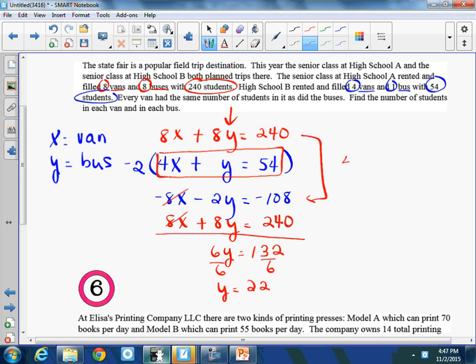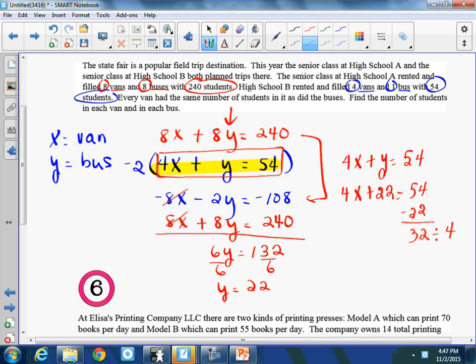So let's go ahead and do that one. 4x plus y equals 54. I'm using this one, babies. Before I change it, not after. Okay, so let's plug in the y, which is 22. So you're going to say 22, that's 32, and divide by 4. x equals 8.